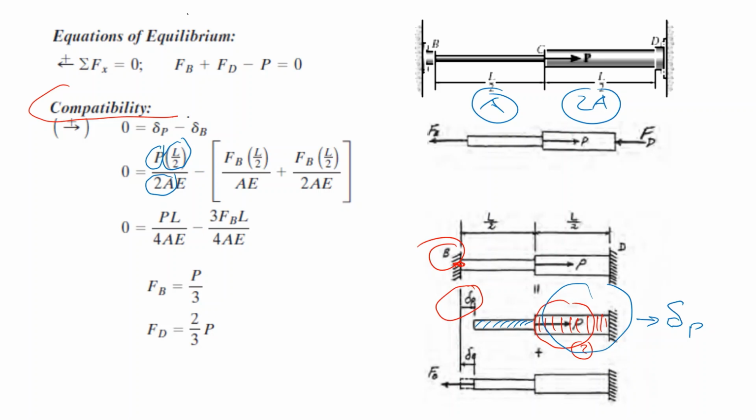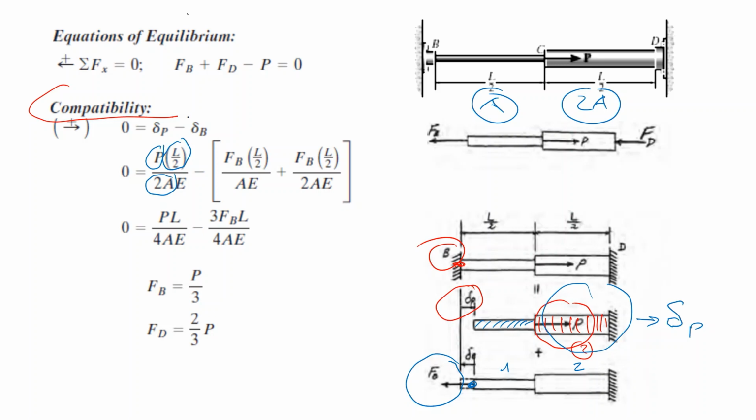Now, we have another force, which is FB. FB is applied directly at point B, and so we will have a displacement in the first and the second region.